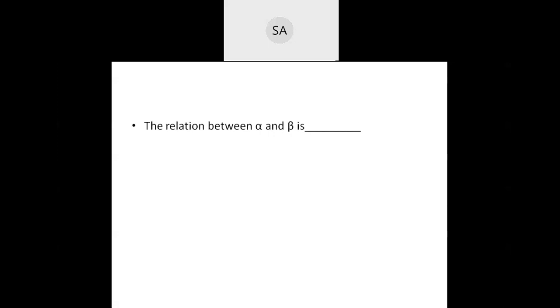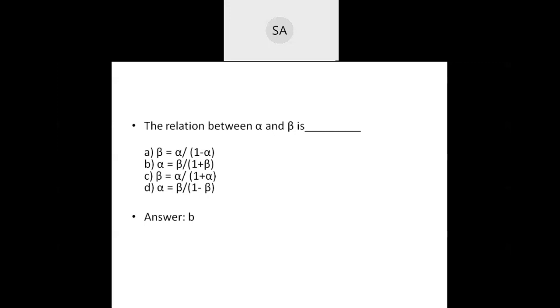The relation between alpha and beta is, beta is equal to alpha by 1 minus alpha, and alpha is equal to beta by 1 plus beta. Which one is correct?